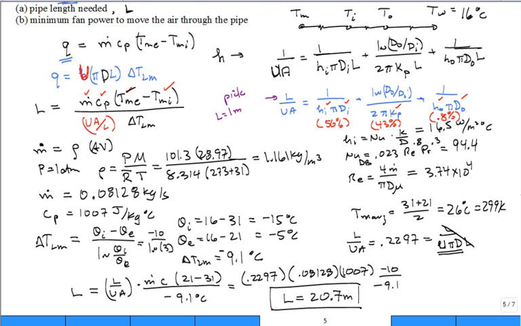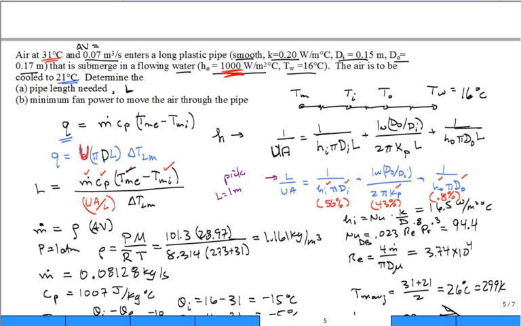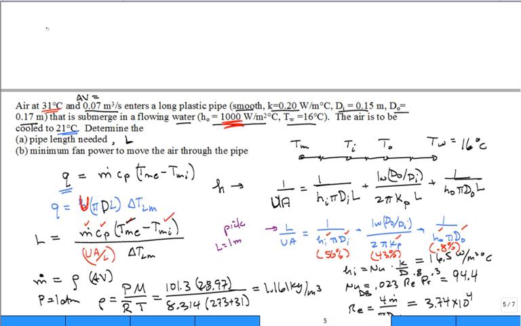All right, I need to scroll back up. Now that we know the length is 20.7 meters, what is the minimum fan power to move the air through the pipe? Well, this is fluid mechanics again. The pressure loss is the friction factor times the length over diameter times 1/2 rho u mean squared, the velocity pressure. We know the length, we know the inner diameter, we need to get that friction factor.